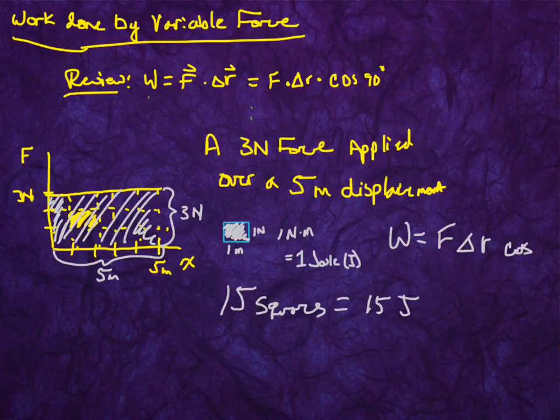And in this case, it's 0. So the cosine of 0 is 1. So we get our 3 newtons times our 5 meters times 1, and that gives us our 15 joules.